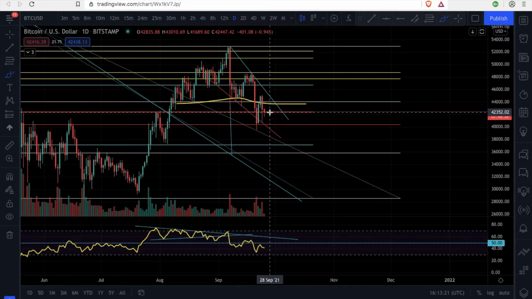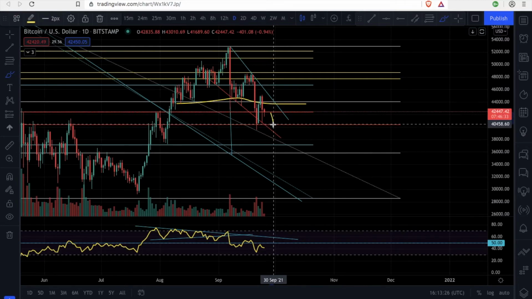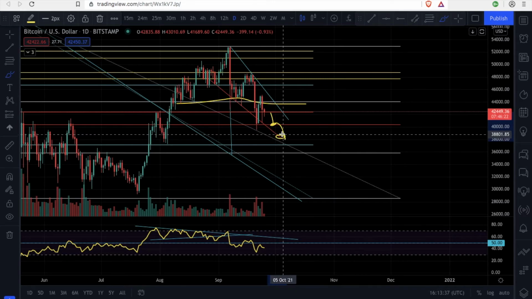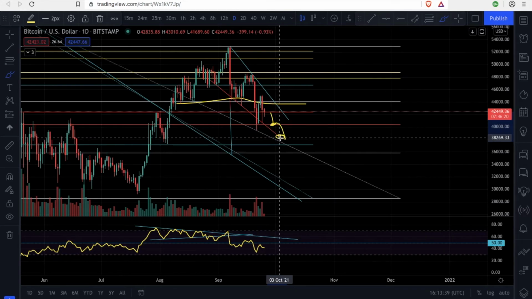So if the Bitcoin price can't hold this $42,400 level as support, then the next support line will be around the $40,400 level. And if that support doesn't hold, it will most likely go to the $38,400 level because of the hash rate indicator.